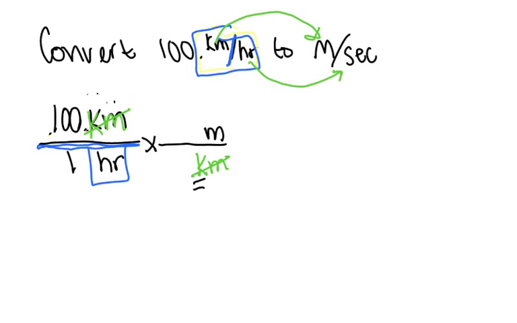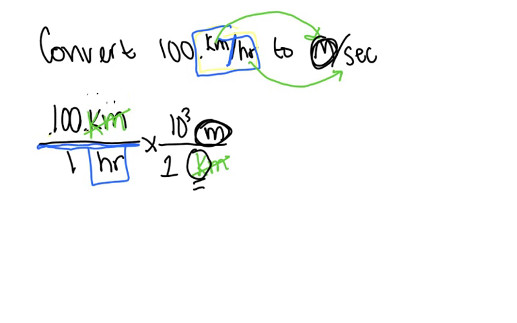Kilometer is the larger unit, so it will receive a 1, and the power of 10 that goes with kilo is 10 to the third. So 1,000 meters, 1 kilometer, that makes sense, so I can move on. Now, at this point, you want to see meters at the top of your fraction, and there they are. So that's how you know this conversion from kilometers to meters is complete.